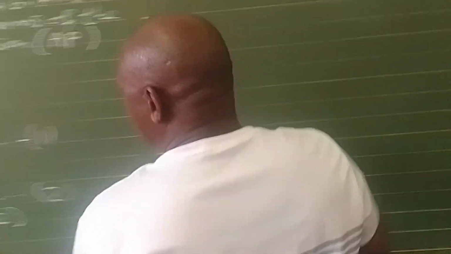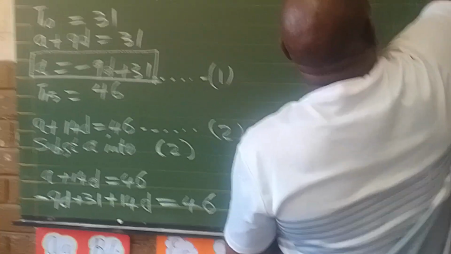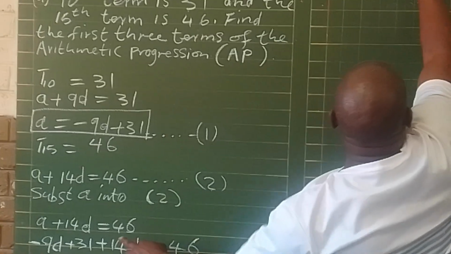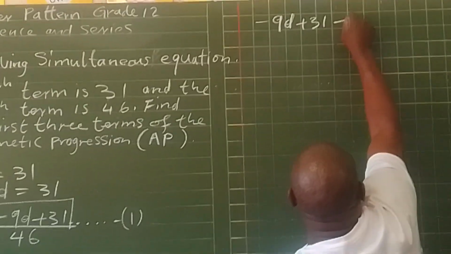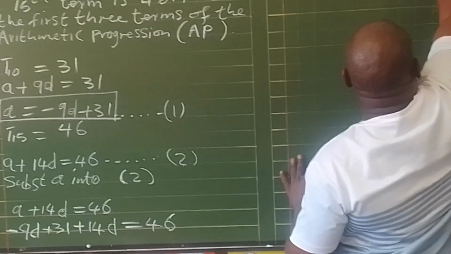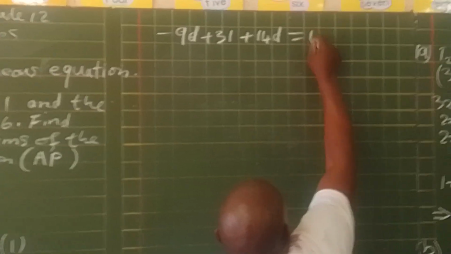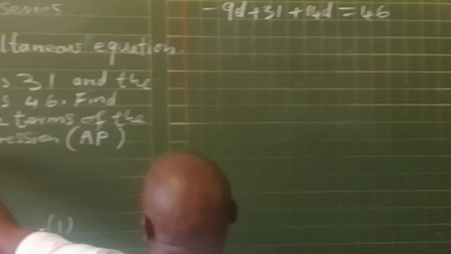We have minus 9d plus 31 plus 14d equals 46. Here they want us to find the first three terms.